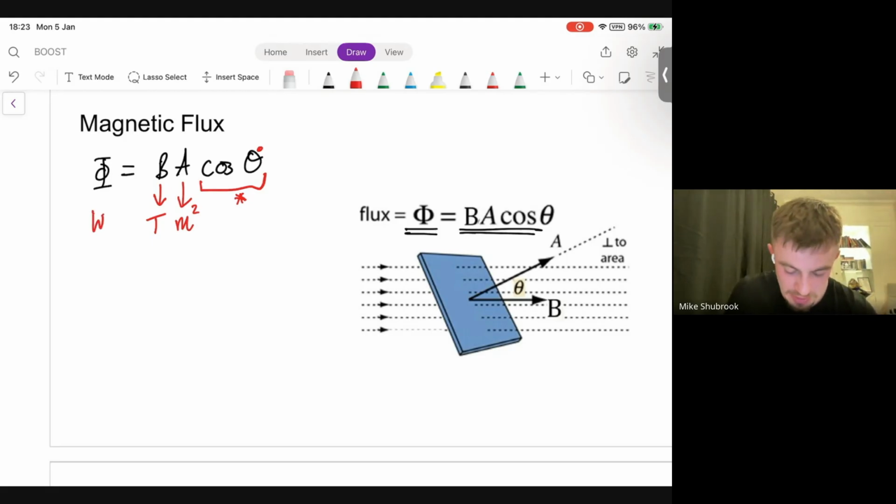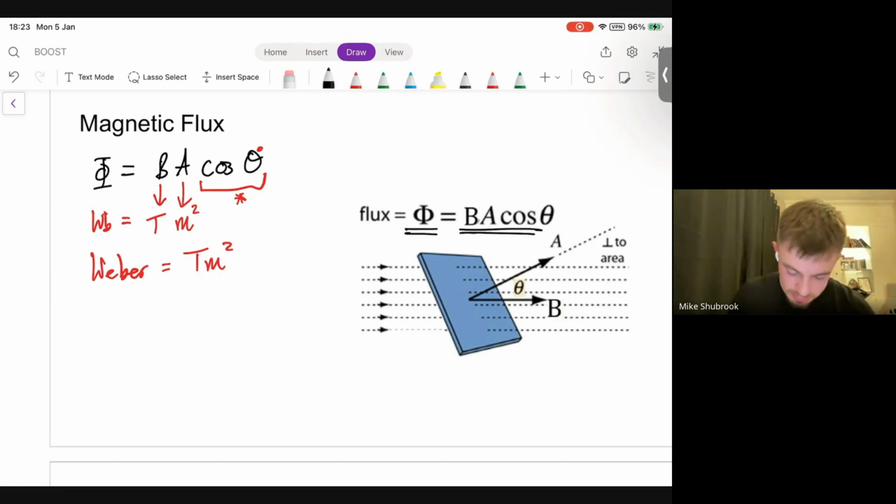And this gets defined as, let me just quickly check. I'm pretty sure it's a Weber. Yes, good. It's a Weber. So 1 Weber is equal to 1 Tesla times 1 meter squared.